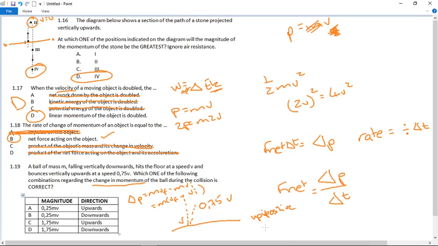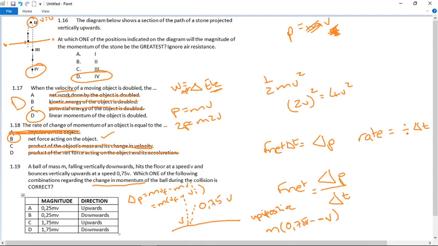So if up is positive, my change in momentum is going to be 0.75v, because that was my final velocity, minus my initial velocity, which was v, but that initial velocity was in the opposite direction, so it is also minus. So 0.75v minus (minus v) is 1.75v, okay?